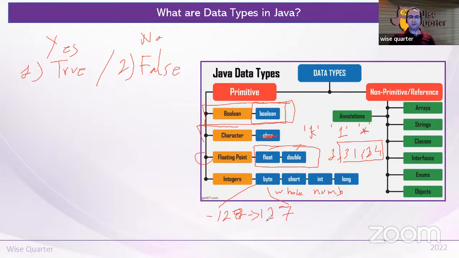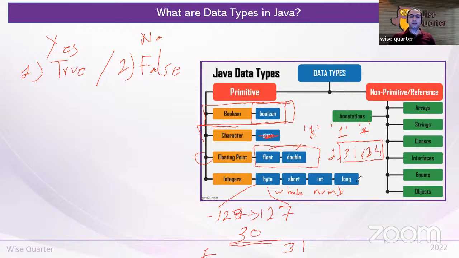I don't think anybody will be older than this number. You can use byte for the age, or if you are trying to store day number or month, you can also use byte because the maximum number is 31, the minimum one is 1, so without any problem, byte can store it. When you go to the right side, the capacity is increasing.